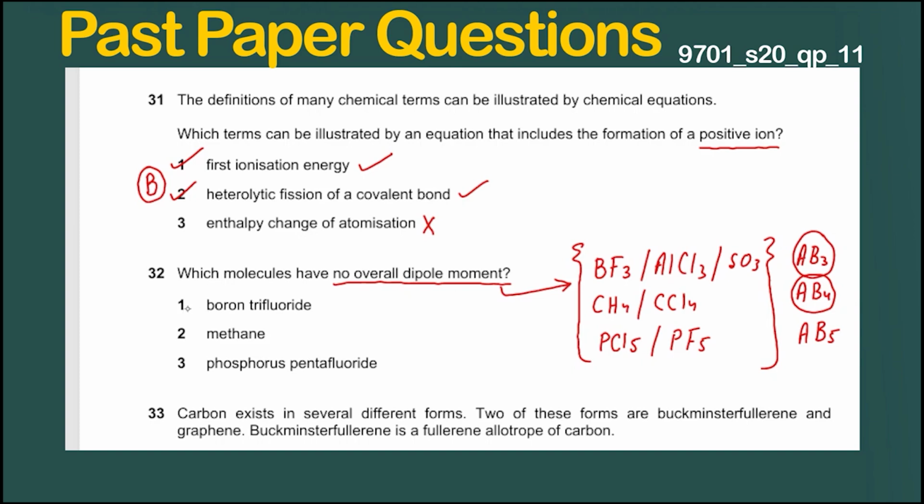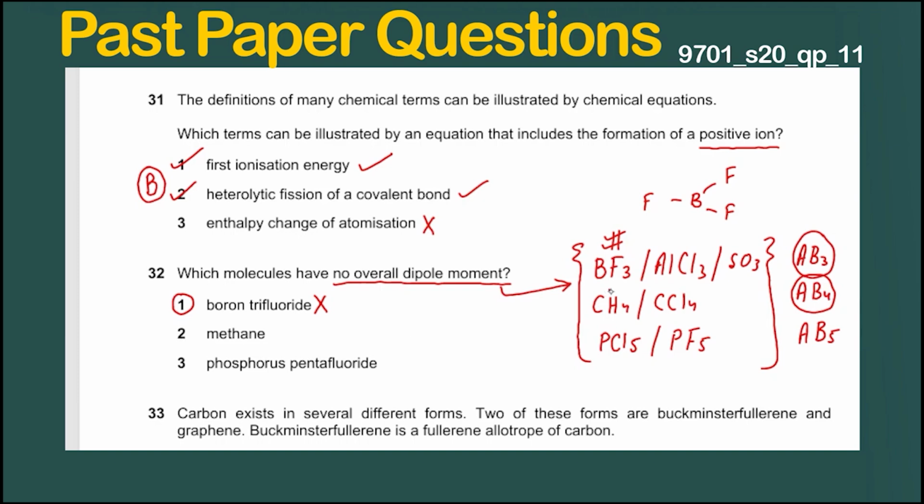So that's why they will not have any dipole moment. So boron trifluoride यहाँ पे है. Boron trifluoride is an example of a perfect molecule, AB3 type molecule, BF3. So all the dipole moments are going to cancel out, so it is not having any dipole moment. So A is your correct statement.